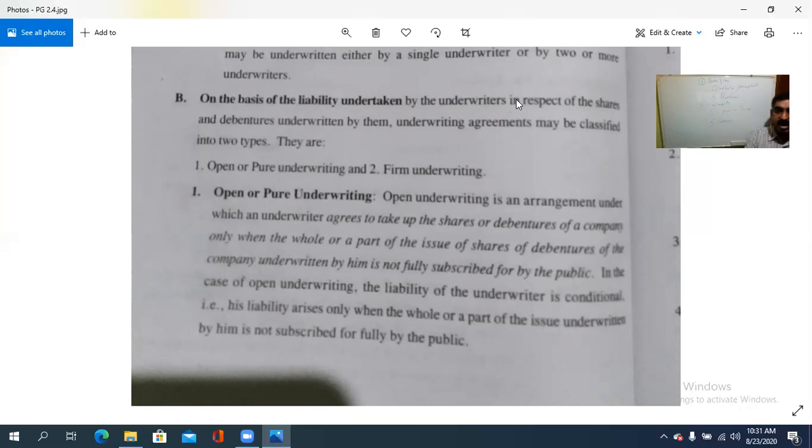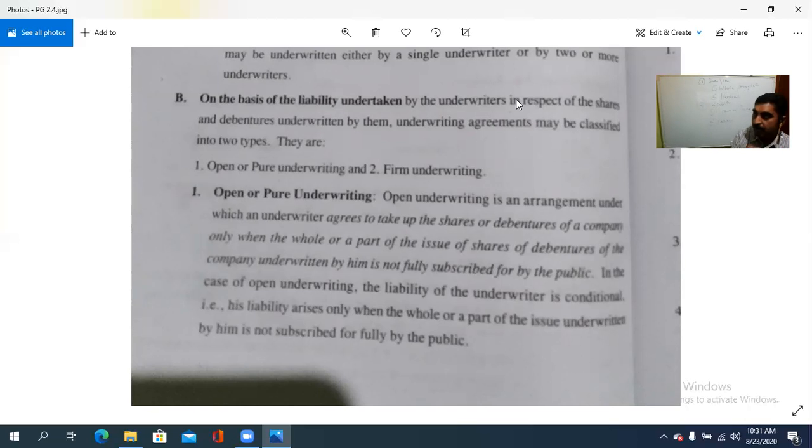Open underwriting is an arrangement under which an underwriter agrees to take up the shares or debentures of a company only when the whole or a part of the issue underwritten by him is not fully subscribed by the public. That is, if either a part or the whole has not been subscribed, the underwriter takes that part or the full part. That is open underwriting.